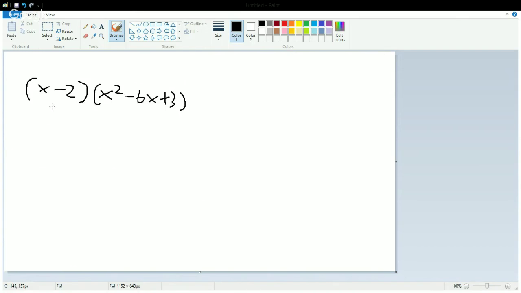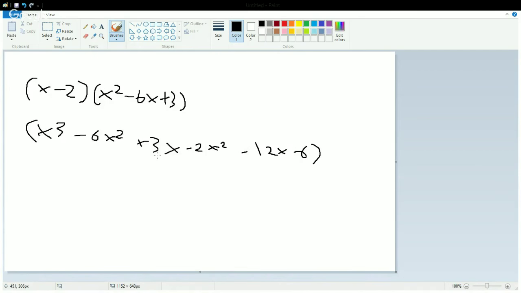Okay, so here's what we're going to do. This is literally going to be the first, outside, inside, last, but it's a little bit more painstaking than the last one. So first you multiply x by every one of the terms inside. Then you multiply the negative 2 by every one of the terms inside and add everything together. So for this one, it's literally going to be x cubed minus 6x squared plus 3x minus 2x squared plus 12x minus 6.